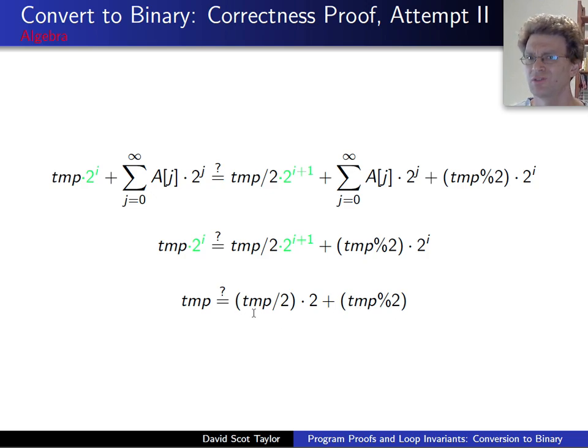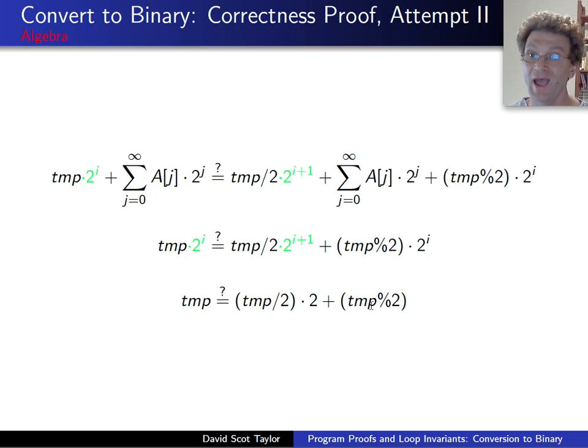Well, temp integer divide 2 times 2 is exactly going to be temp rounded down to the next lowest even number. So if temp is 71, it'll round down to 70. Temp div 2 would be 35, times 2 is 70.